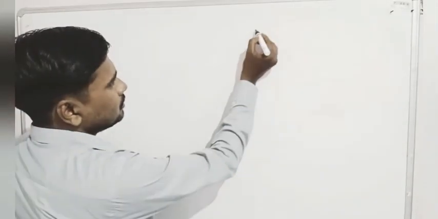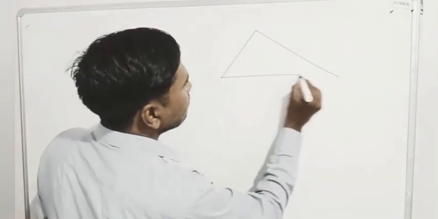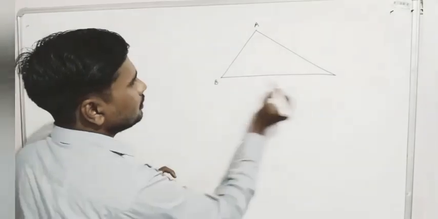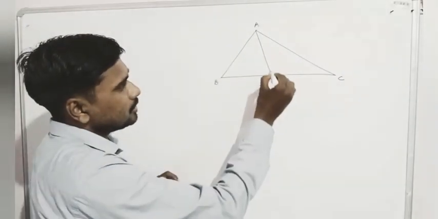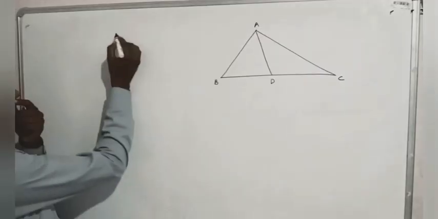So now see the next part, in which this is the acute angle triangle, that is A, B, C, and this AD is the median. So what is given?